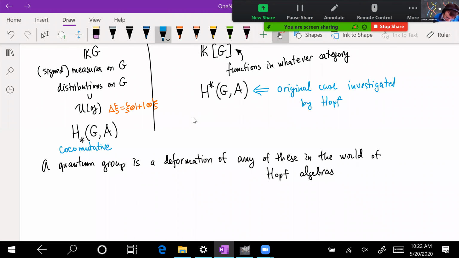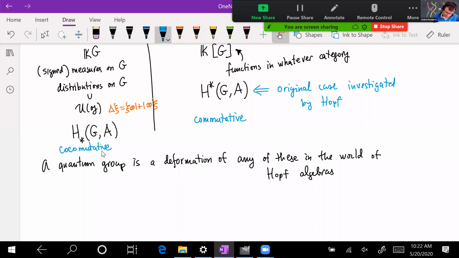And similarly in this column, we look at the dual things. So what was co-multiplication here becomes multiplication for this object. And again, ignoring the fact that they're odd cohomology classes, they anti-commute, or these are commutative. So these are commutative but not co-commutative, and these are co-commutative but not commutative.